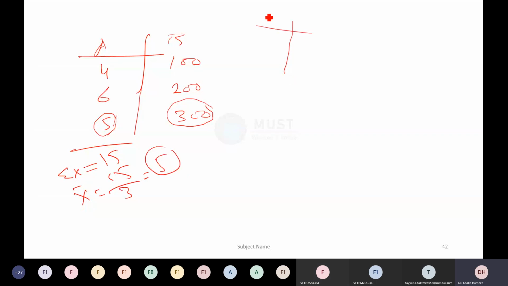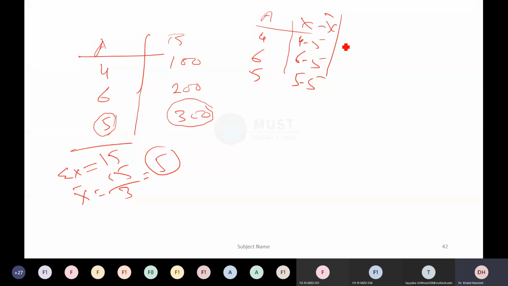So now I will work with the standard deviation of data set 1. A is equal to 4, 6, 5. So it will be x minus x bar. So 4 minus 5, 6 minus 5, and 5 minus 5.